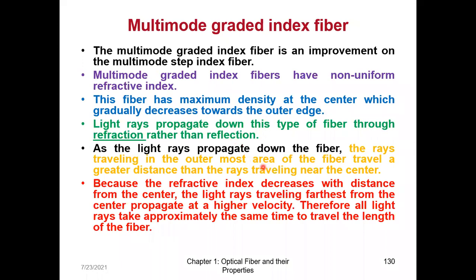By doing that, the ray which is farther away from the core axis propagates with higher velocity. Since the distance they cover is more, they tend to reach late, but by decreasing the refractive index, I increase their velocity. Since the speed increases, all the rays meet at the receiver side at the same time.